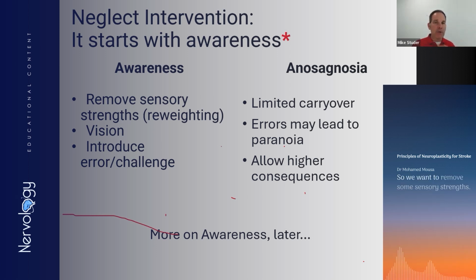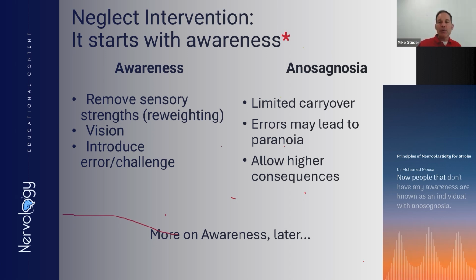So we want to remove some sensory strengths. So we cause the individual to start to perceive their world without dominating vision. And we may have them close their eyes or patch their eyes, and we let them feel some degree of error and consequences.